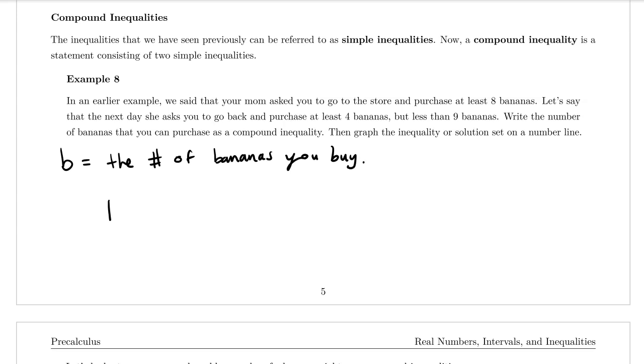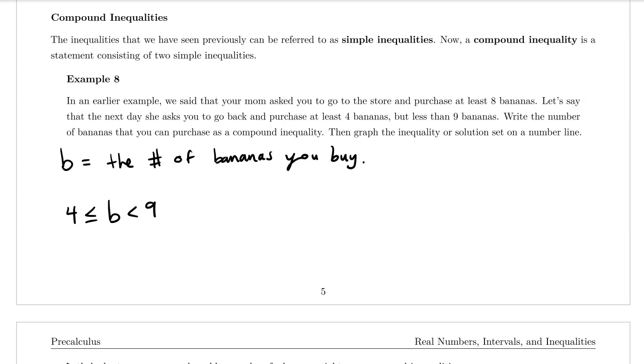And b is going to be greater than or equal to 4, because you have to get at least 4, but less than 9. So this is the way that we would write this compound inequality, and it reads 4 is less than or equal to b, which is less than 9.